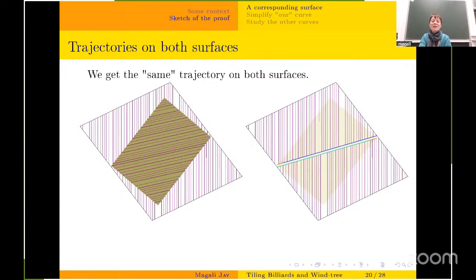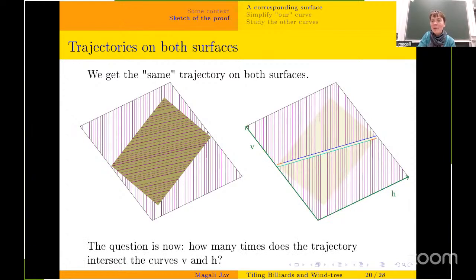And so now the question I want to ask is how many times this trajectory is intersecting these 2 curves, because this will allow me to answer my problem.